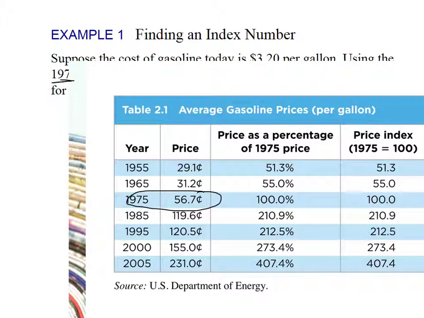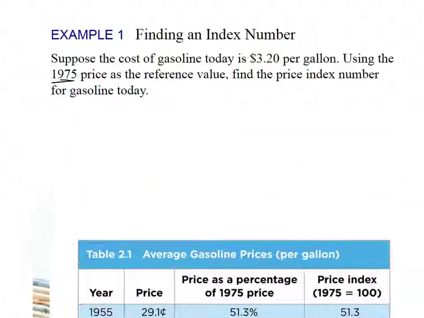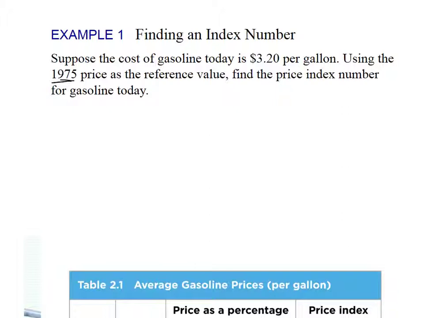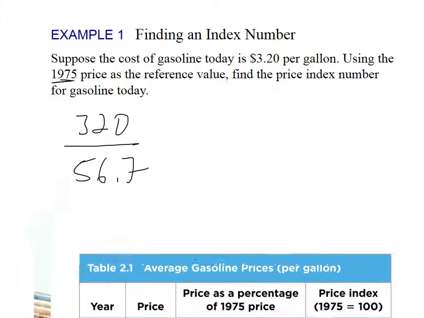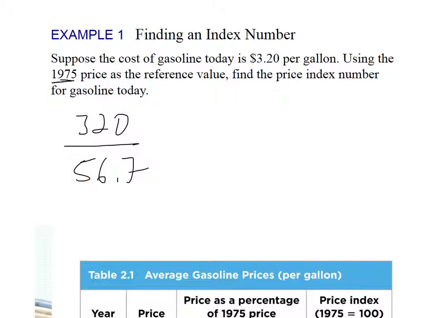56.7 cents. Since that is in cents, we're going to have to do a little bit with our 320. So our $3.20 becomes 320 cents, divided by the 56.7, times 100. And that's one twist that you want to pay attention to, that we've got to convert that dollars and cents into all cents.